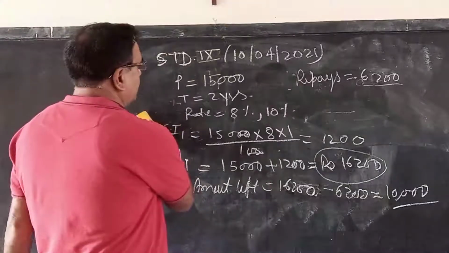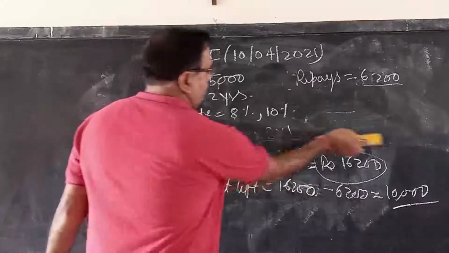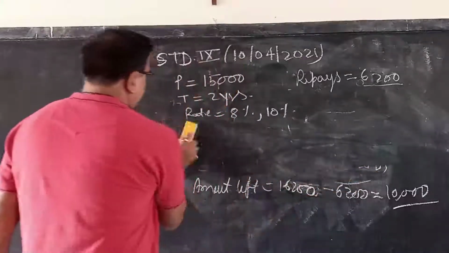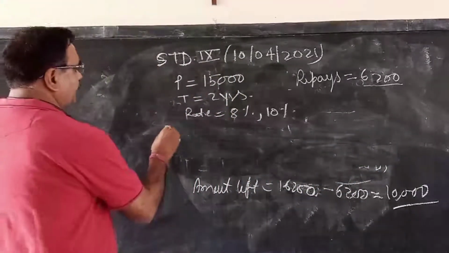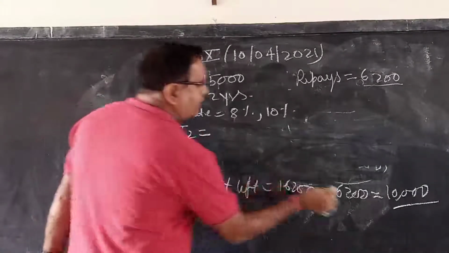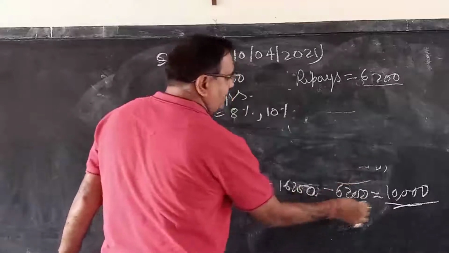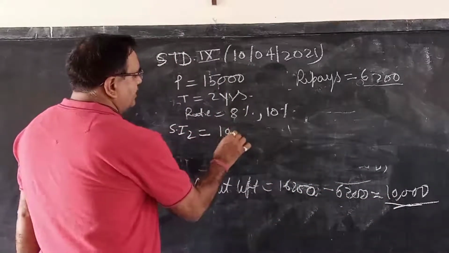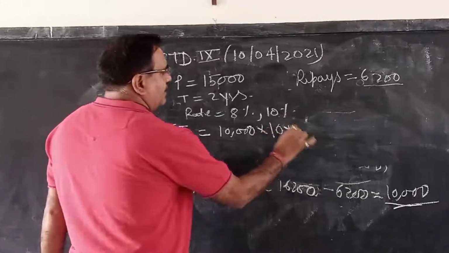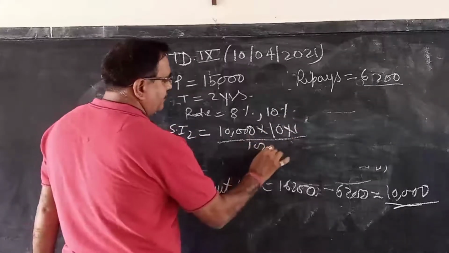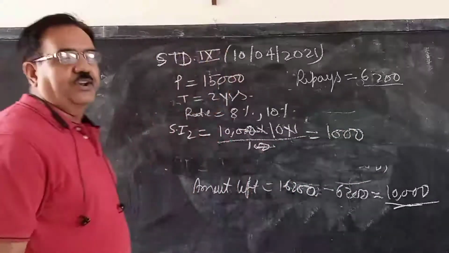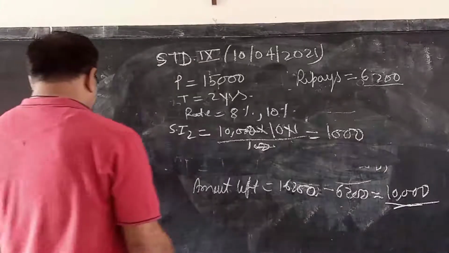So, principal for the next year. So the interest for the second year. How much principal? After returning 6,200, the principal is 10,000. So 10,000, rate given 10%, times 1 divided by 100, cancel. This is 1,000 rupees, the interest in the second year.